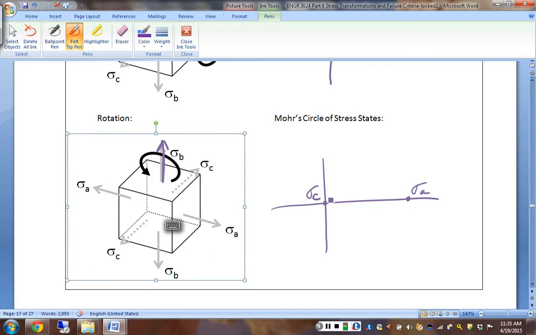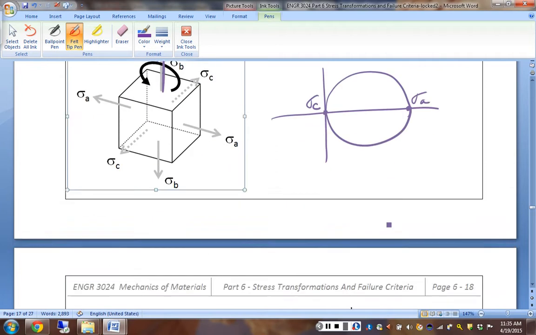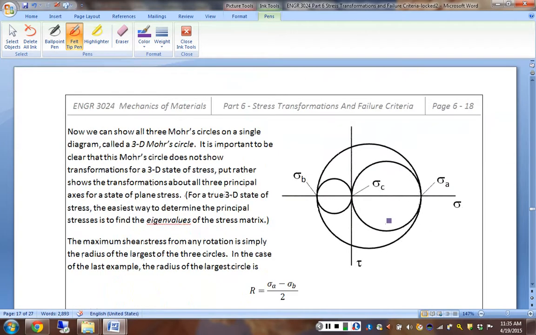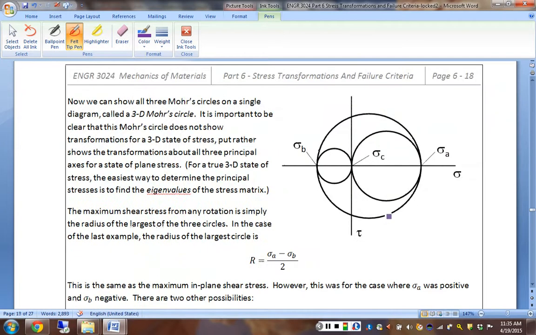We have our positive sigma A, and we end up with this set. So essentially, we have 3 circles. Sigma C is always anchored at the origin, and this is known as 3D Mohr's circle.